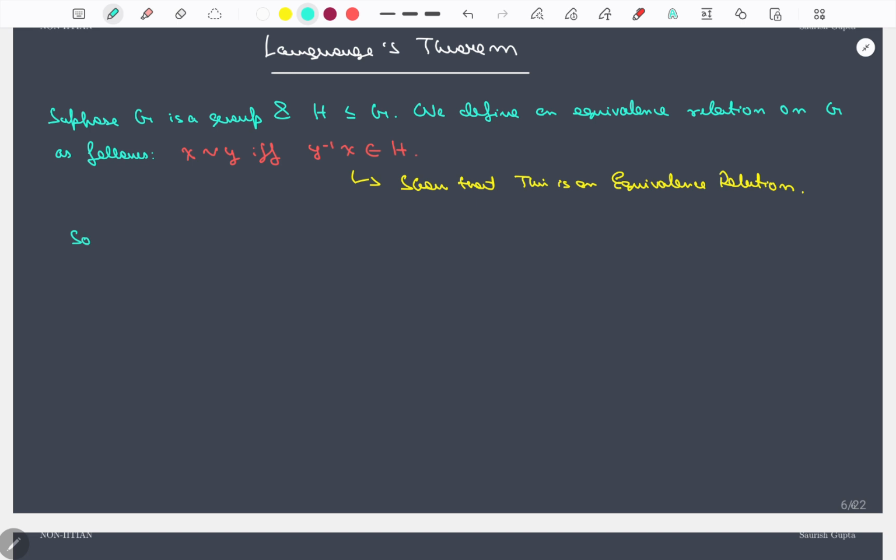So what should be the equivalence class of an element x? It should be the collection of all those elements y in G such that y is related to x.